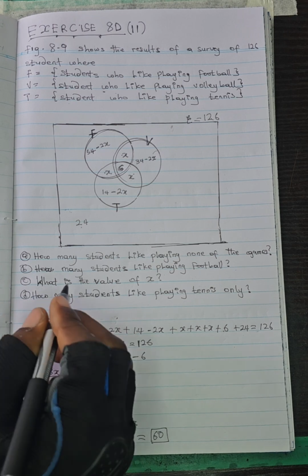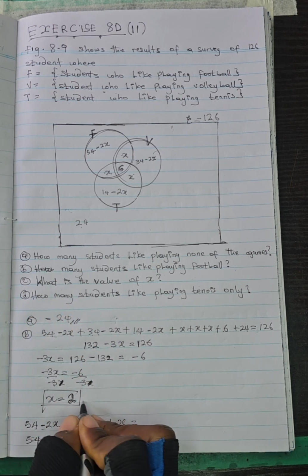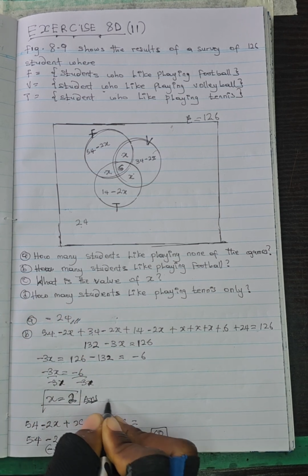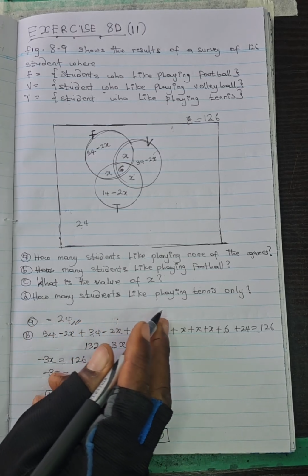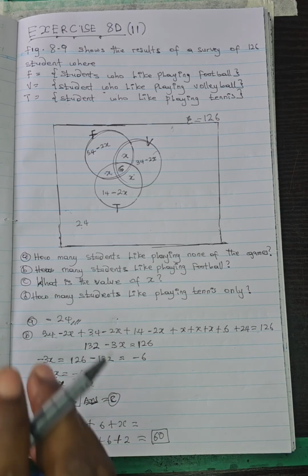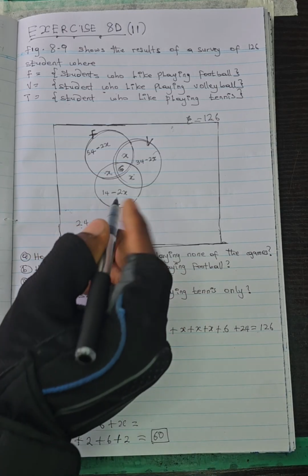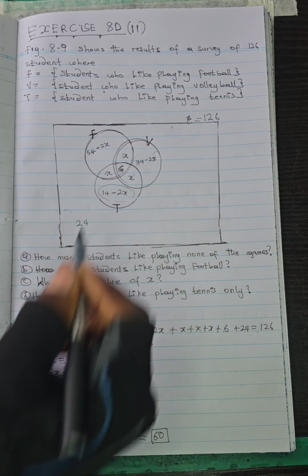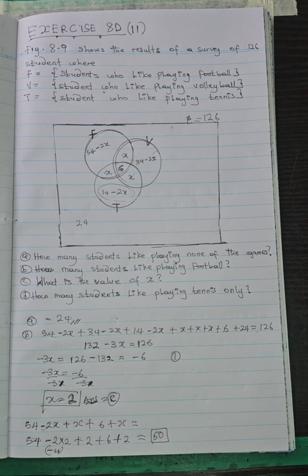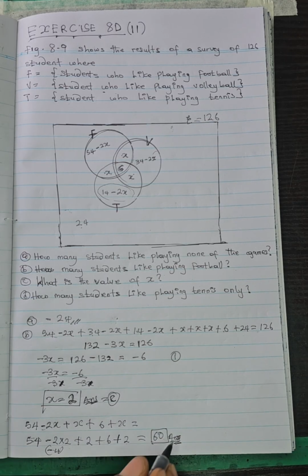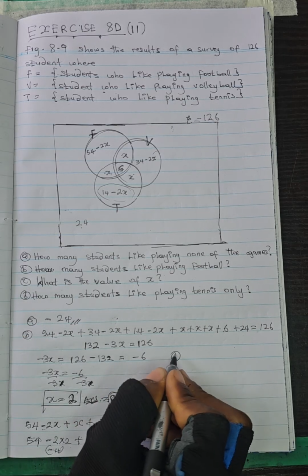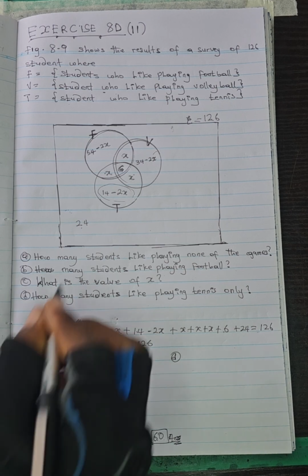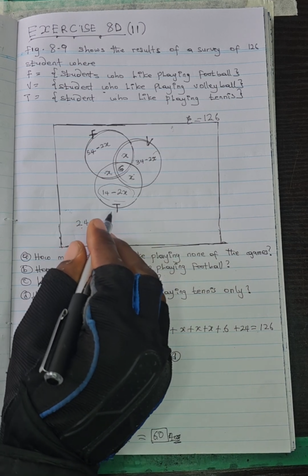The next question asks, what is the value of x? We don't need to solve for this. We've already gotten it here, which is C. Then the next one is, how many students like playing tennis only? Take note of this word, only. So we're only checking this part alone.